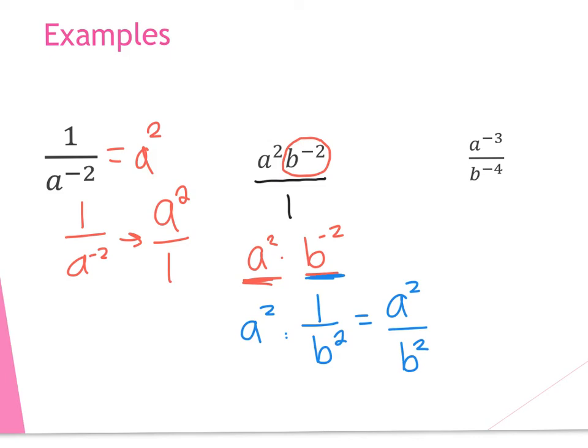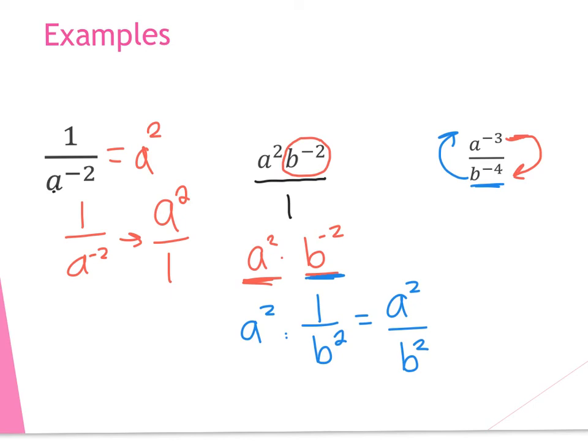Now another way that I could approach this is, I can move them up or down. So if you notice, what we did is that these variables either move from the bottom to the top, or they move from the top down to the denominator. And so another way I could look at this is negative. So since this is negative, it's going to move down. And since this is negative, it's going to move up, because if we think of the reciprocal, they're basically just changing places.